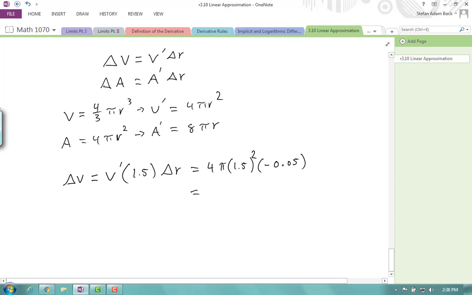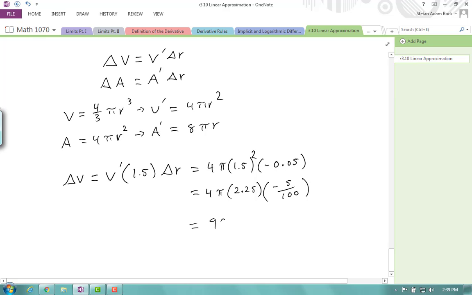And what do I get out of this? I have 4 pi, that multiplies to 2.25, and I'm going to change this to a fraction because I don't like decimals and I really like fractions. This is minus 5 over 100. So 4 times 2.25 is going to be 8 plus 1, which is 9.